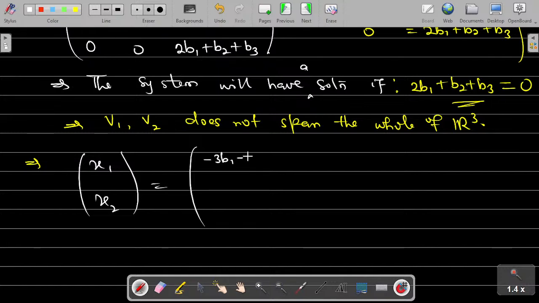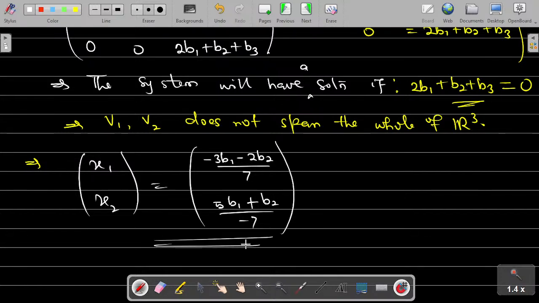Minus 3b1 minus 2b2 all over 7, and then for x2 we got 5b1, okay, let me write b1 first now, plus b2 only, all over minus 7. But remember I said this minus can come up here and multiply these two. So this is our solution, okay, let me write it that way so that it will be better. So let the minus be up, so we have minus here and we have minus here.